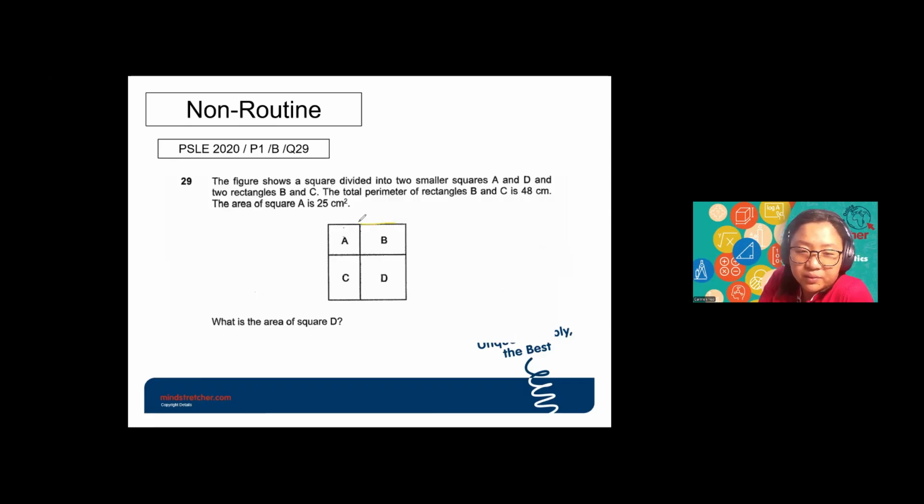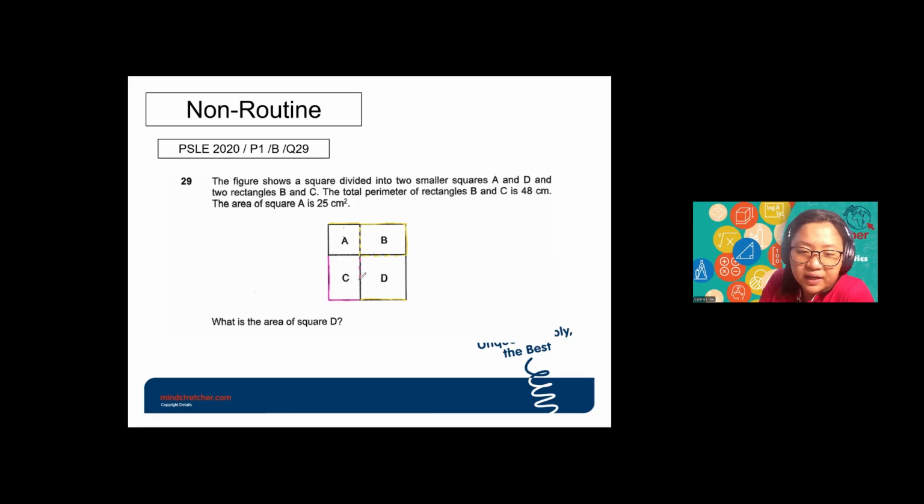So for the perimeter of B, we have this part, and we also have this part, right? And you realize that this is actually the same as this because A is a square. And this part of B is actually the same as this part because D is also a square. If you use a similar way to look at rectangle C, the perimeter of rectangle C will be here, here.